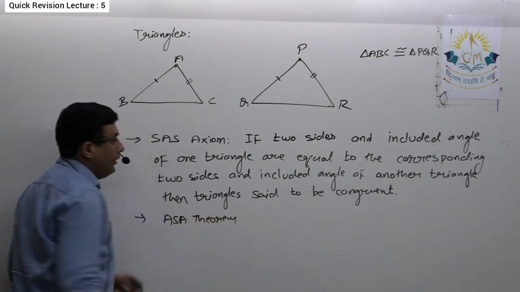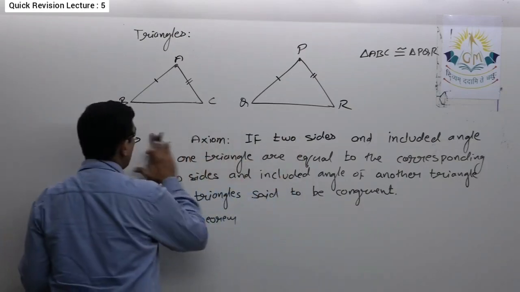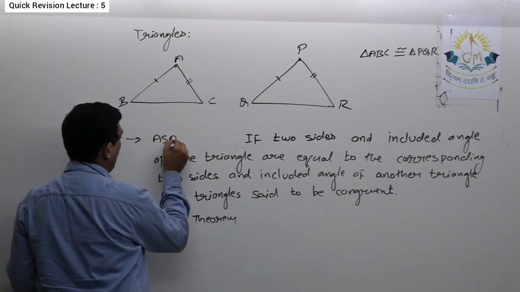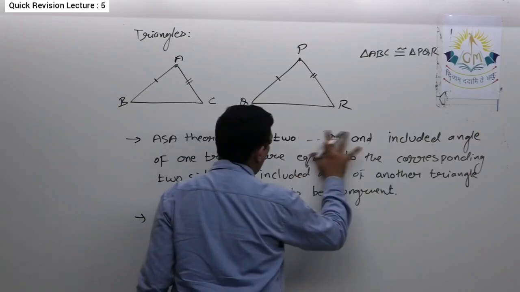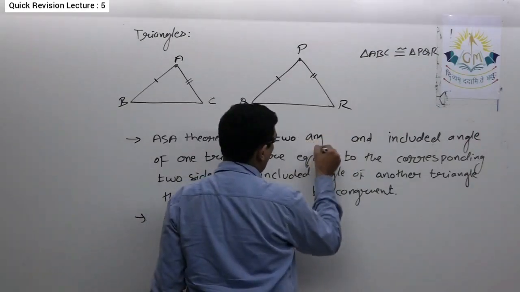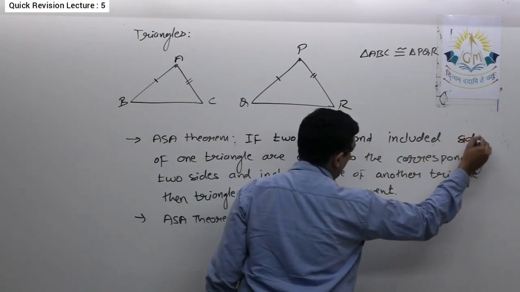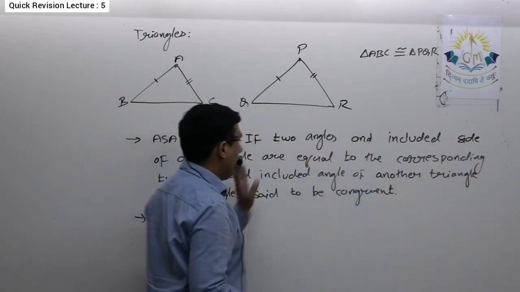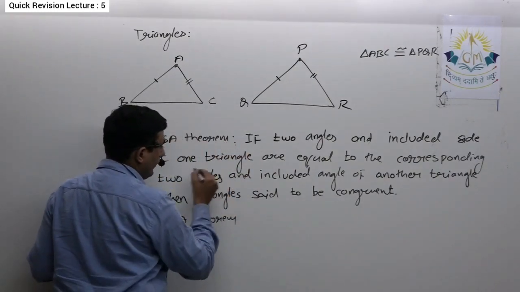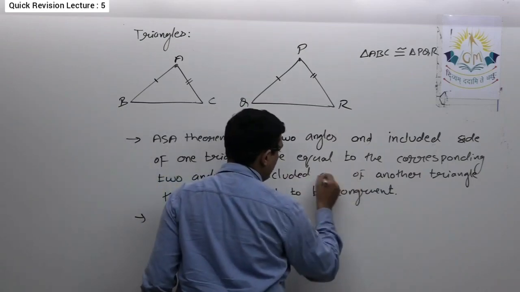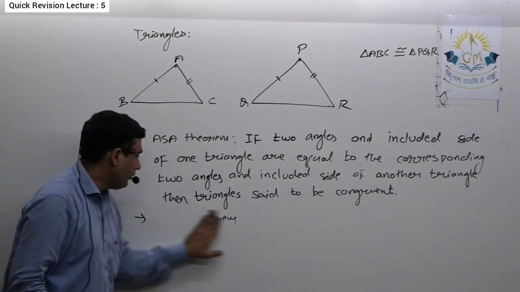The angle side angle theorem says if two angles and the included side of one triangle are equal to the corresponding two angles and included side of another triangle, then the triangles are said to be congruent.